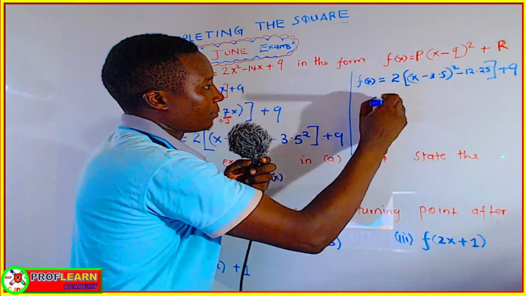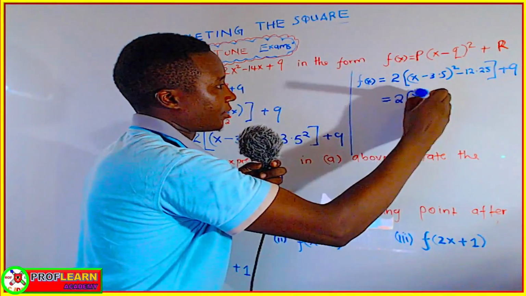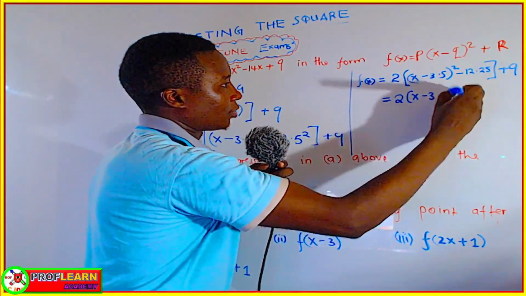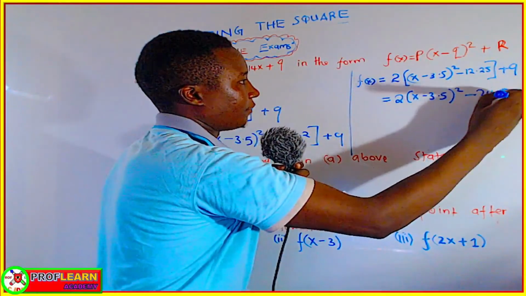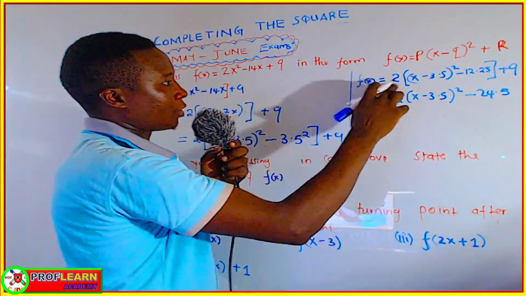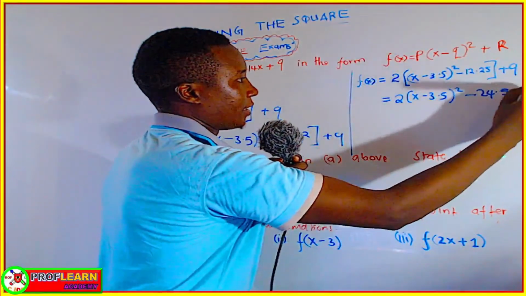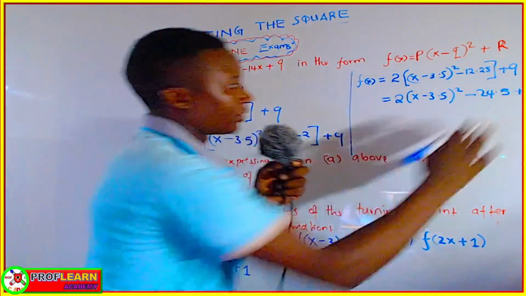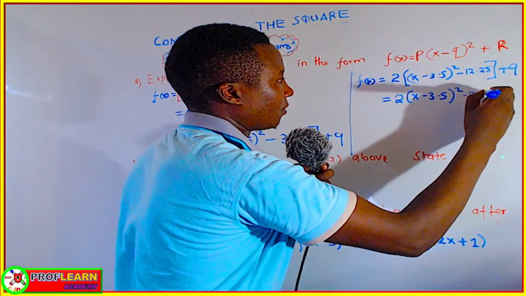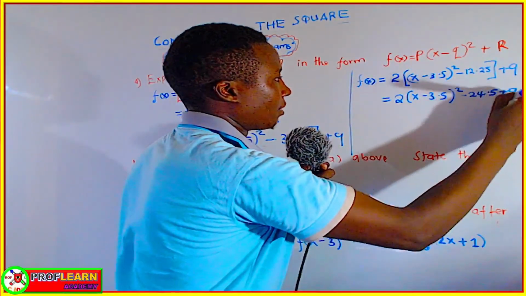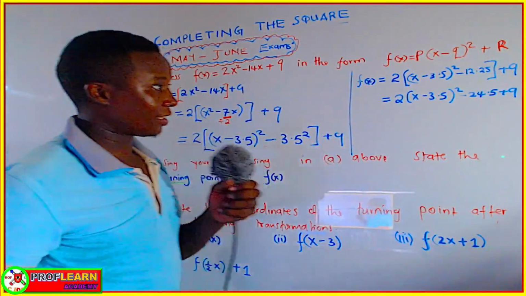So this is going to be 2 into x minus 3.5 squared minus 24.5, because I've multiplied these 2 and 12.25, then plus 9. So once we have this, we are almost home and dry.